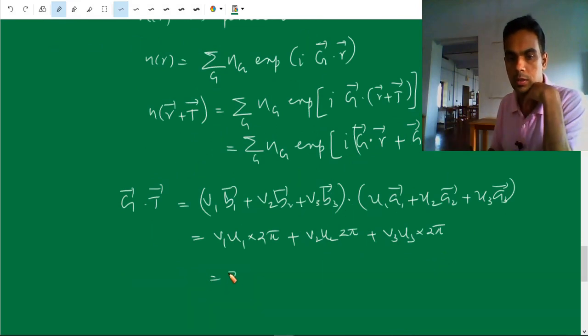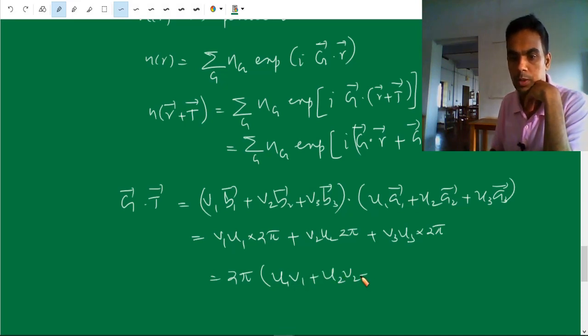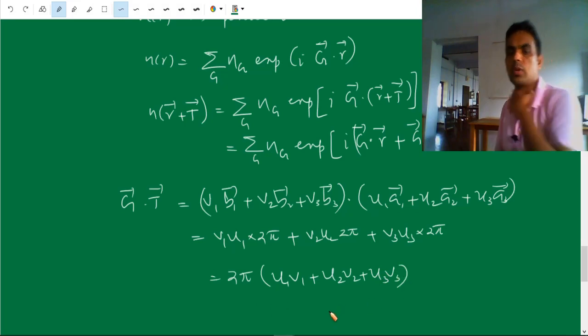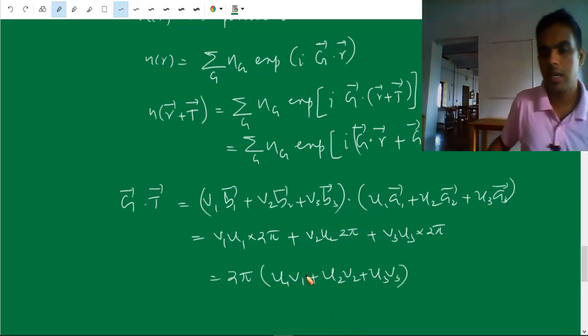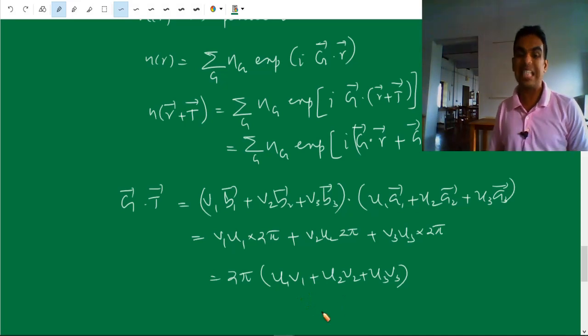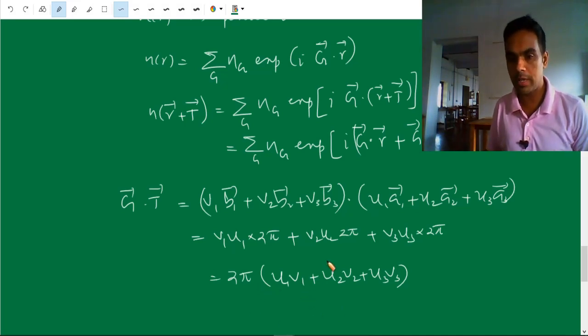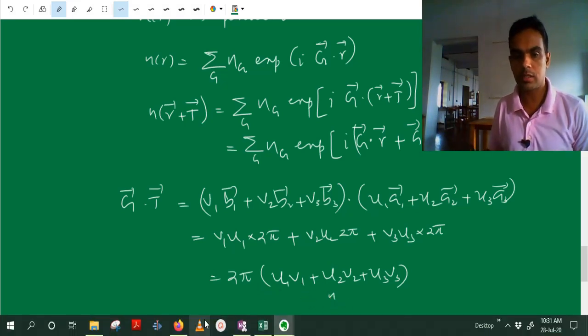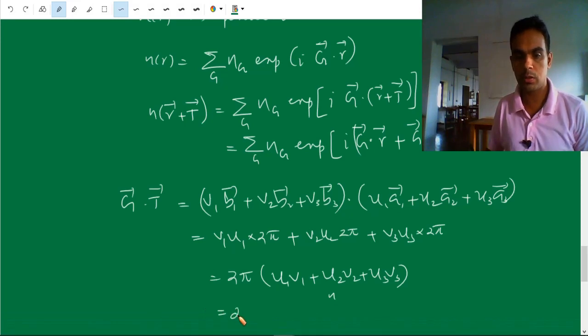This is equal to 2 pi (u1 v1 plus u2 v2 plus u3 v3). Since u1, u2, u3 and v1, v2, v3 are integers, this will be an integer. So this is equal to 2 pi into an integer n.